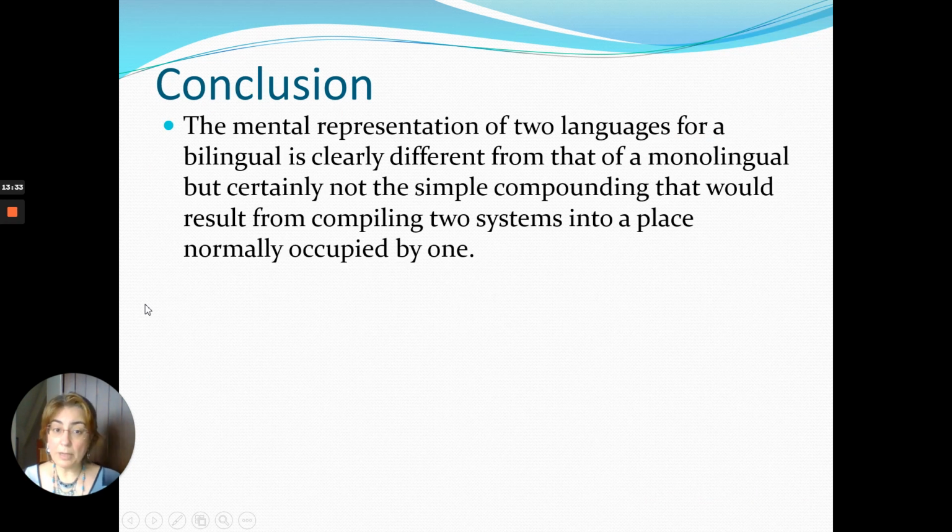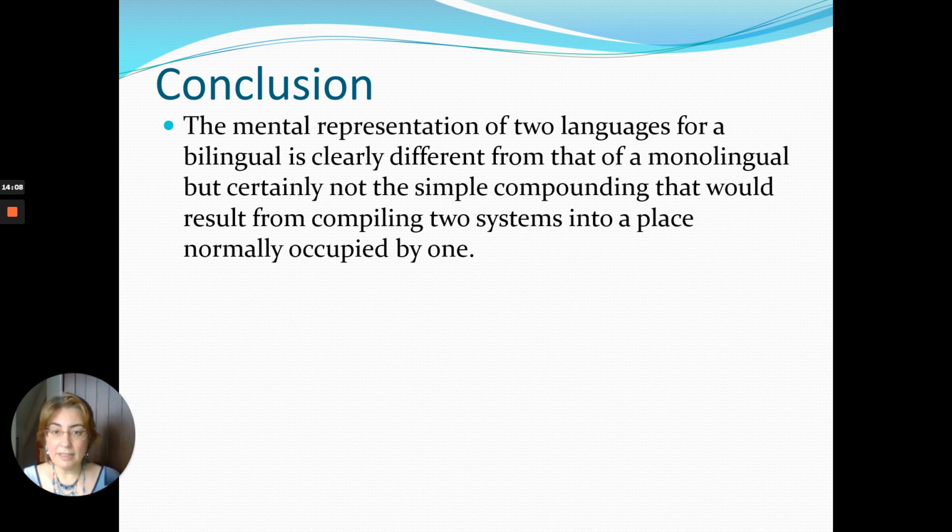So the mental representation of two languages for a bilingual is clearly different from that of a monolingual, because monolinguals do not have this inhibitory system, at least not so pronounced all the time. Of course, monolinguals have to inhibit which words might come up to their mind, and then they have to make a word choice and so on, but not this systematic and overly present task of always selecting between the two languages that are activated at the same time, because they only have one, right?